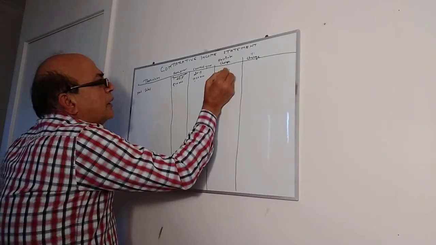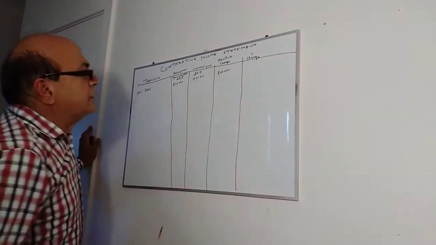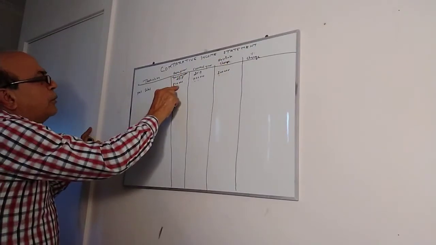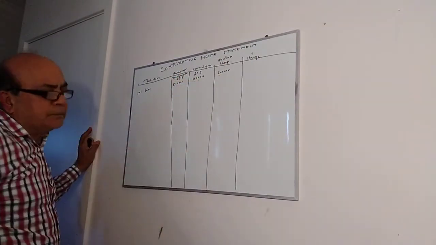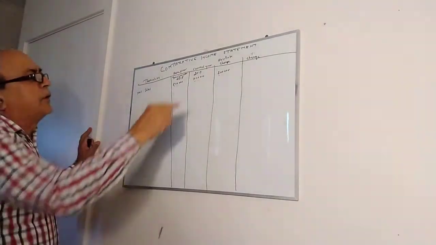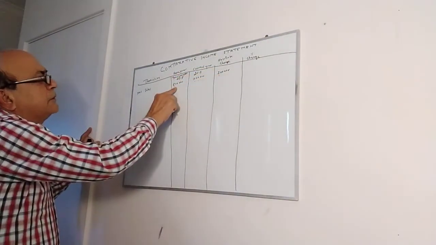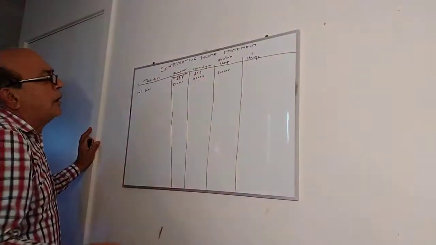Now for calculating percentage change, always remember: absolute change upon base year into 100. How do you find percentage change? Absolute change upon base year into 100.